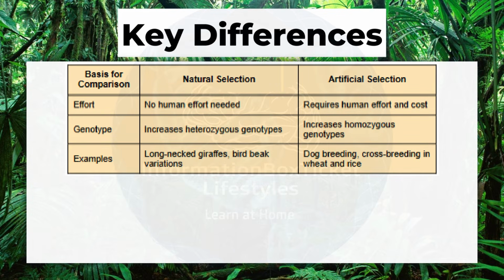Examples of natural selection include the evolution of long-necked giraffes and the variation in bird beaks according to feeding habits. Examples of artificial selection include dog breeding to create new breeds and crossbreeding in crops like wheat and rice.